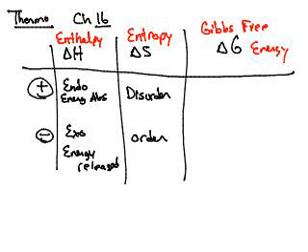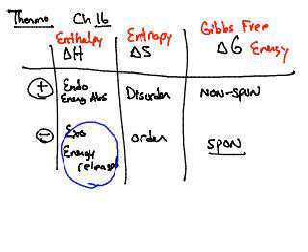Delta G, Gibbs free energy. If it is positive, it is non-spontaneous. And if it is negative, it is spontaneous. The other thing you should know is which processes are favored: exothermic and disorder.